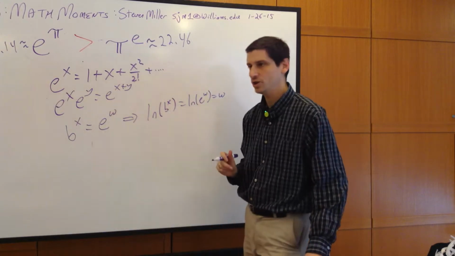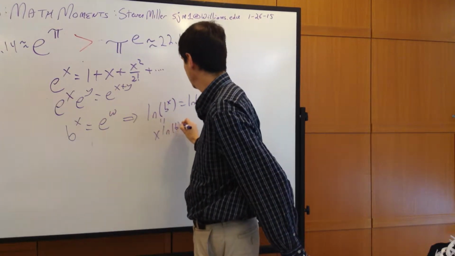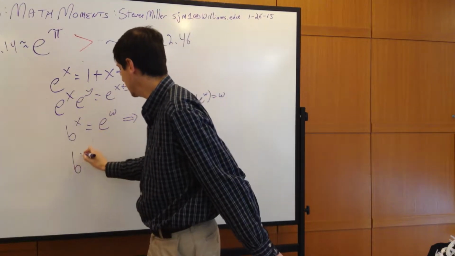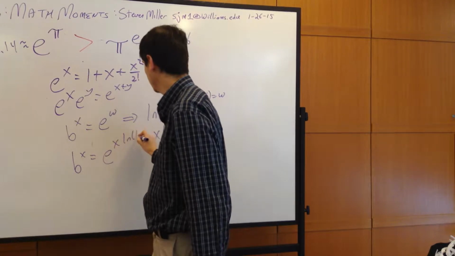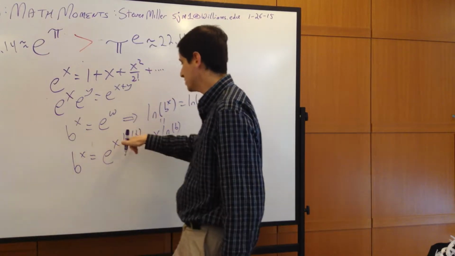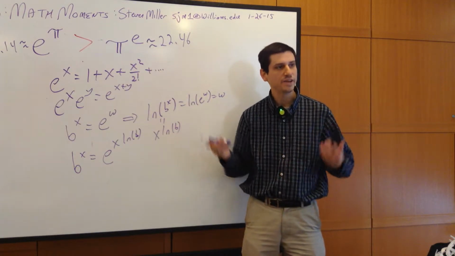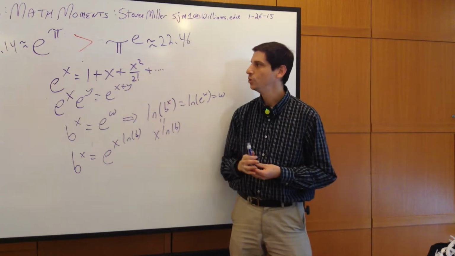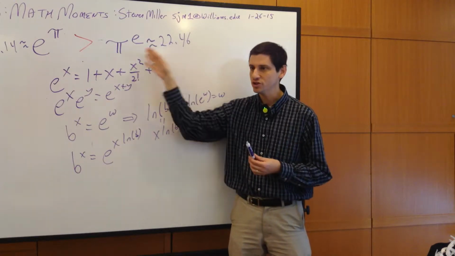So w is the natural log of b to the x, which is just x times the natural log of b. So this b to the x is the same as e to the x times the natural log of b. This is now just multiplication, and now you plug that into the infinite series expansion. So we have at least a way to interpret what any number to any other number means. It's a little strange that you have to do this.